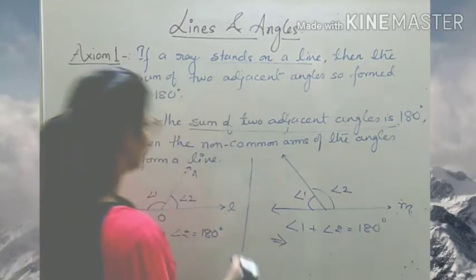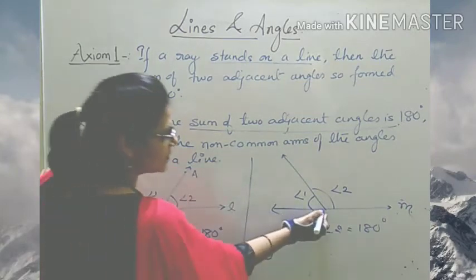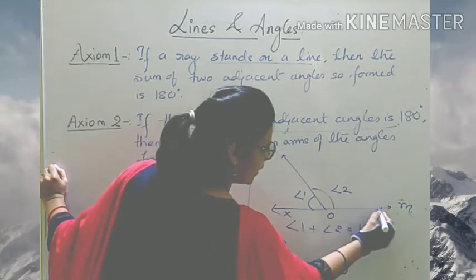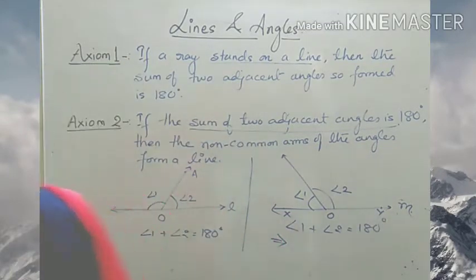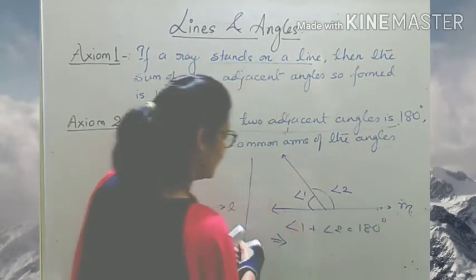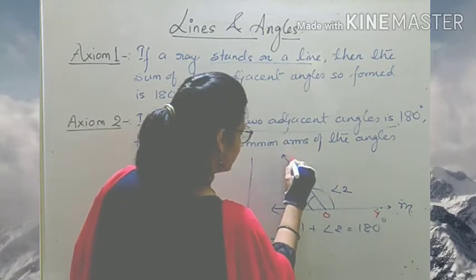What will this imply? This will imply that the non-common arms, what are the non-common arms here? If I am denoting this as X, O, Y, and this is suppose Z.